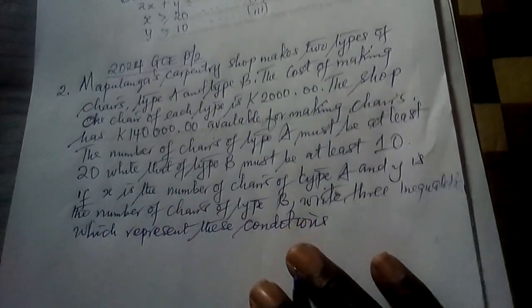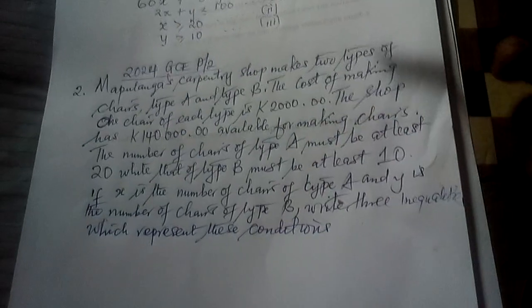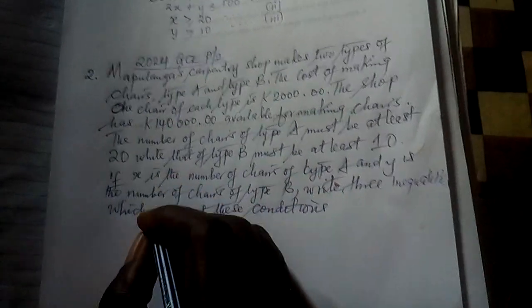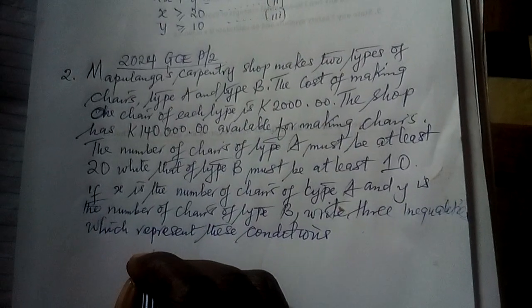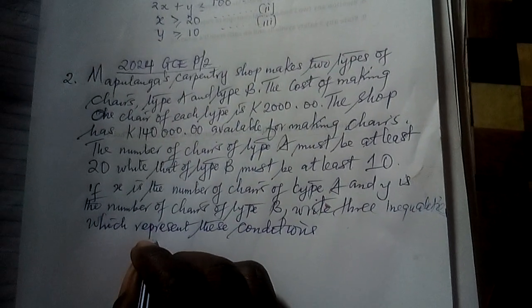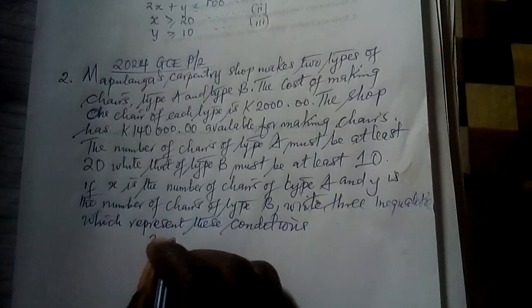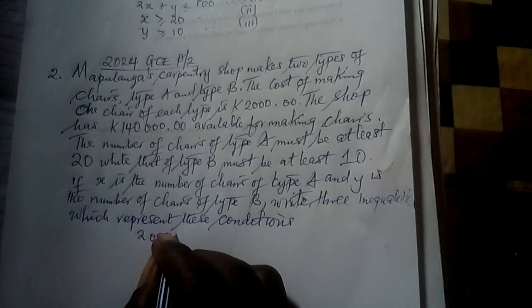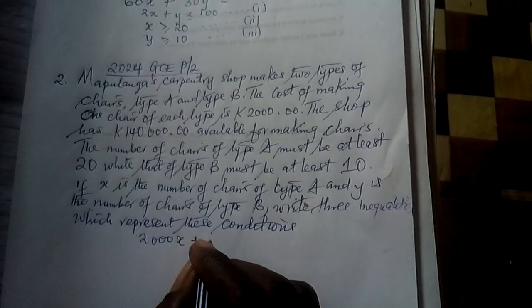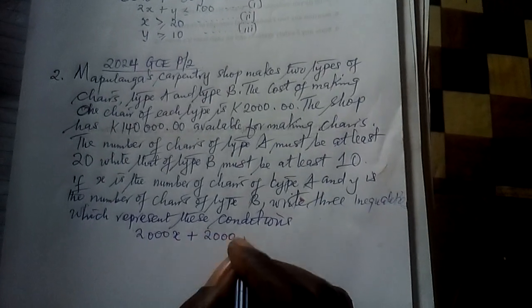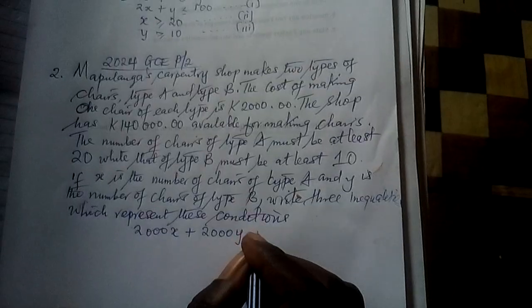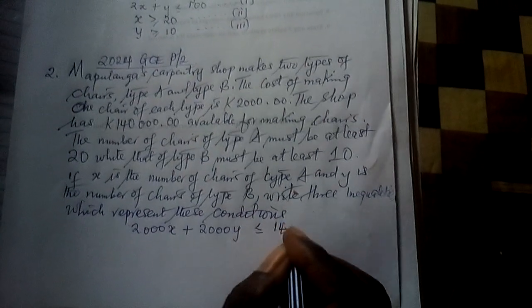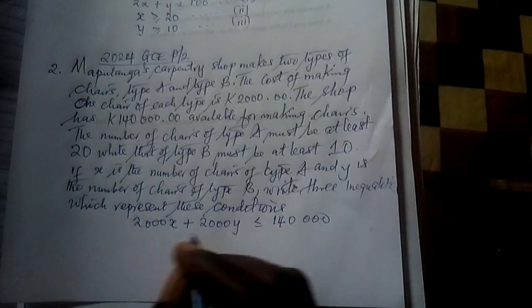When you look at this question, it is similar to the first question. On each type, we have 2,000. So it's 2,000 of type A, which is X, plus 2,000 of type B, which is Y. It should not exceed 140,000.